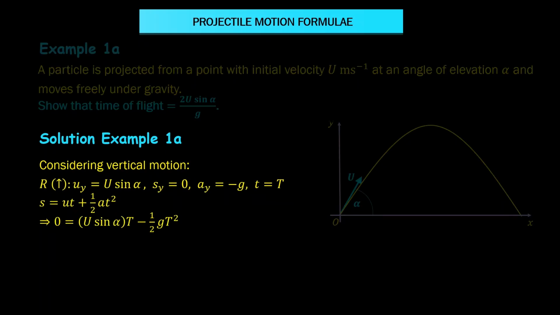So plugging everything in gives us u plugged in as shown, s equals 0 plugged in here, a equals minus g plugged in here, and time t unknown plugged in as shown.